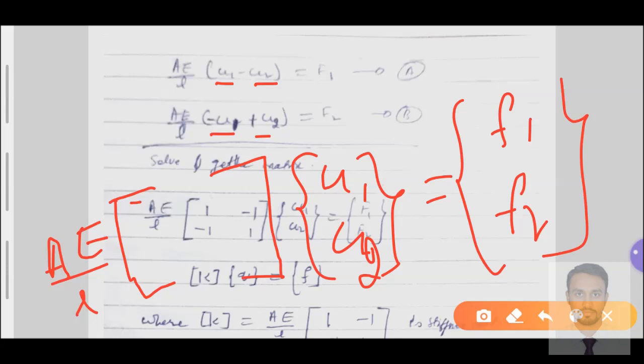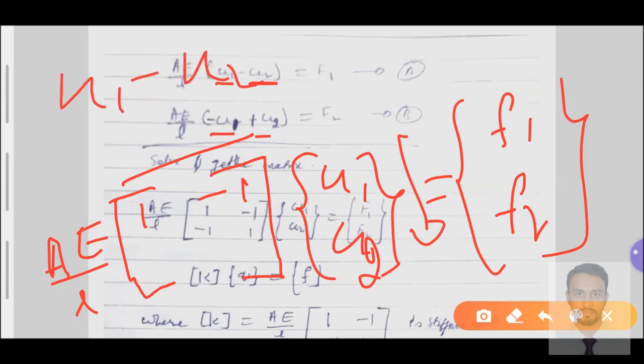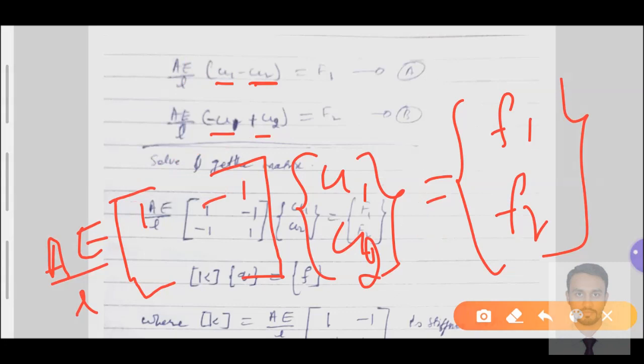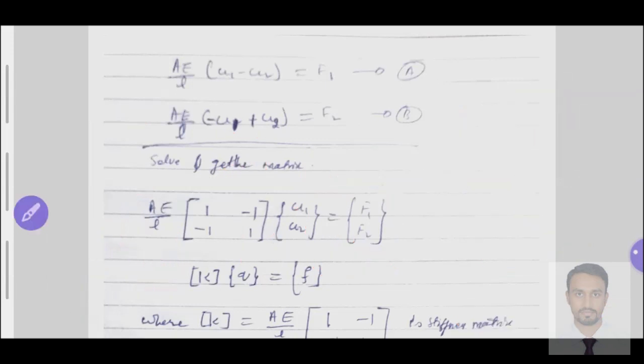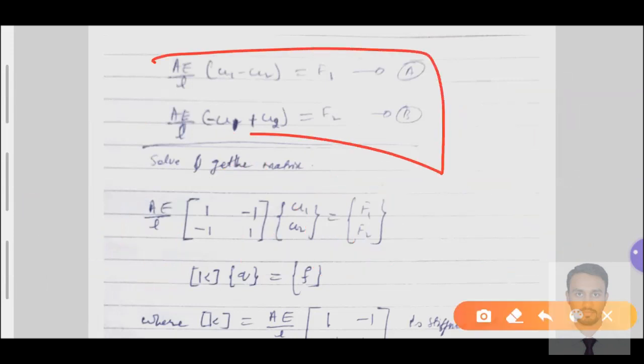For u1, the coefficient is plus 1, and for u2 the coefficient is minus 1. When we multiply this, we get u1 minus u2 again. Similarly, in equation number 2, the coefficient of u1 is minus 1 and the coefficient of u2 is plus 1. This is the equation we have got from this matrix, from these simultaneous equations.